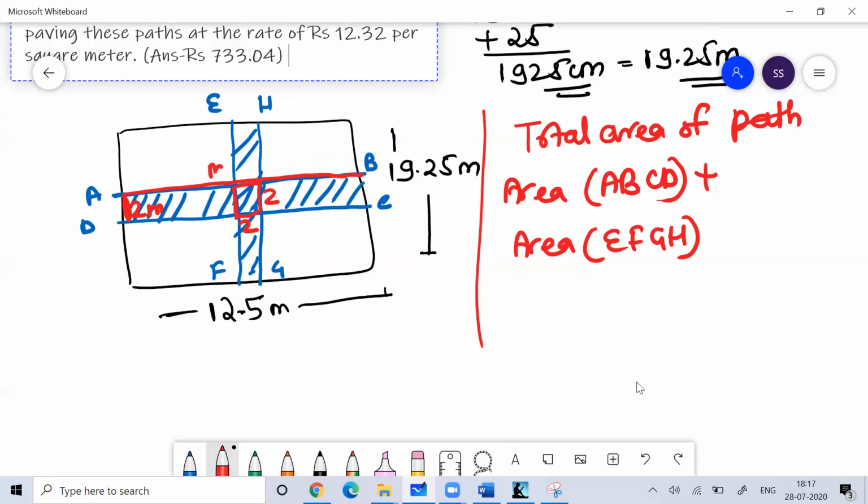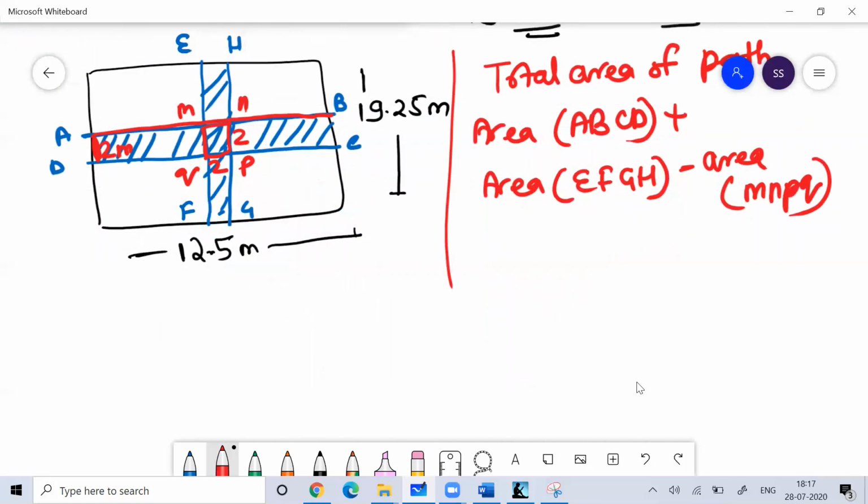Minus, suppose this is MNPQ, minus area of MNPQ. So this is the total area of path.